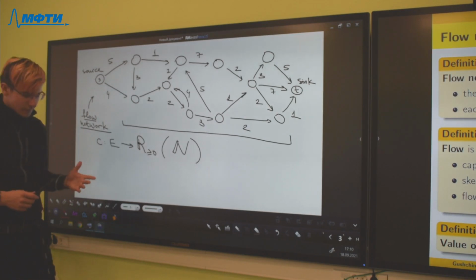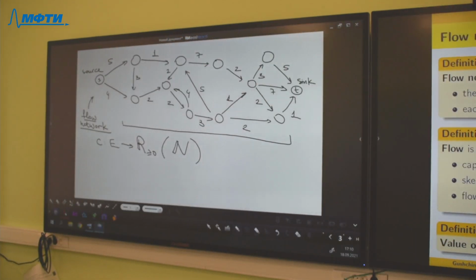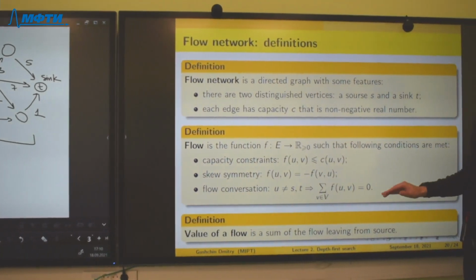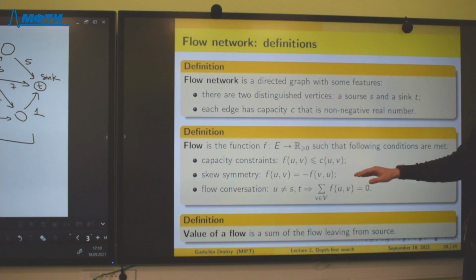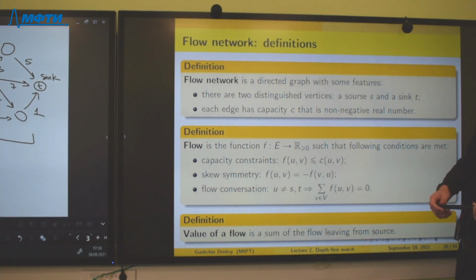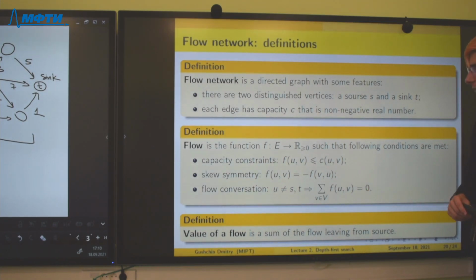So it is understandable that flow cannot be bigger than capacity, and we say that every edge has a flow in one direction equal to minus the flow in the other direction.